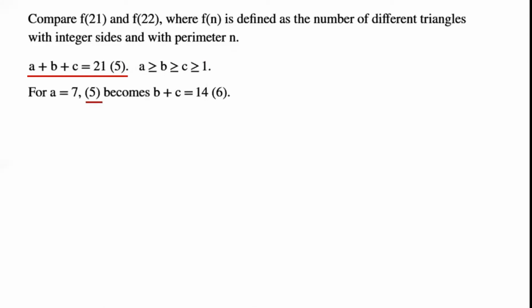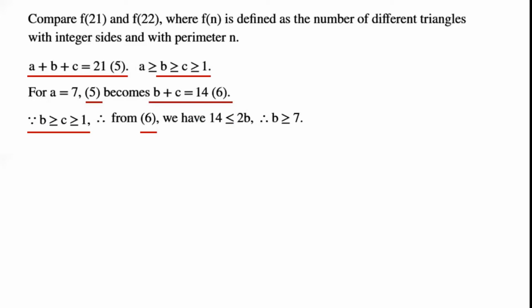For a = 7, equation 5 becomes b + c = 14, because b ≥ c ≥ 1.